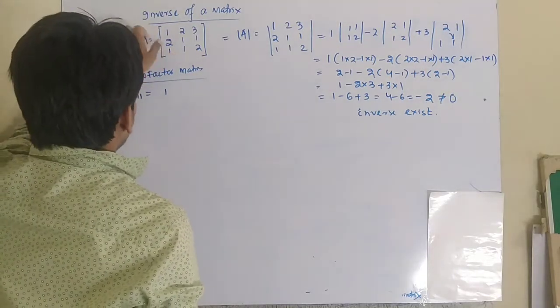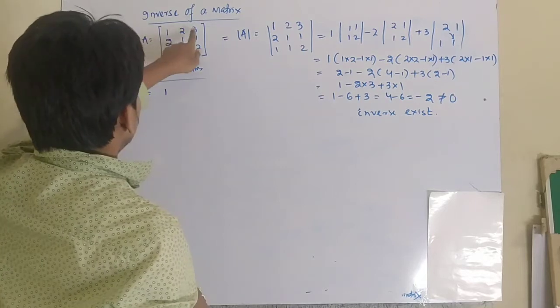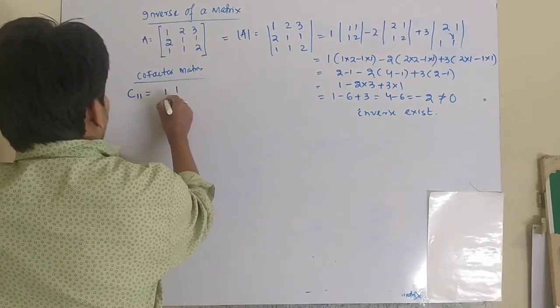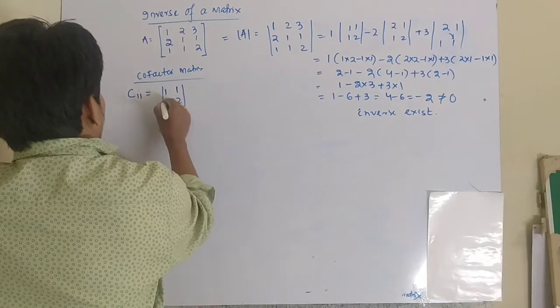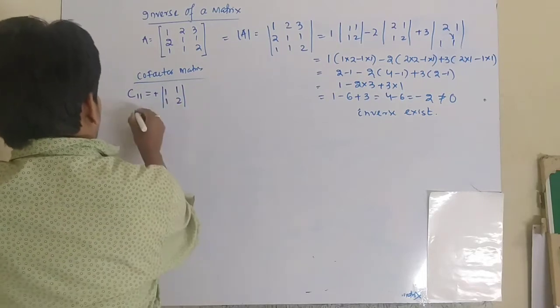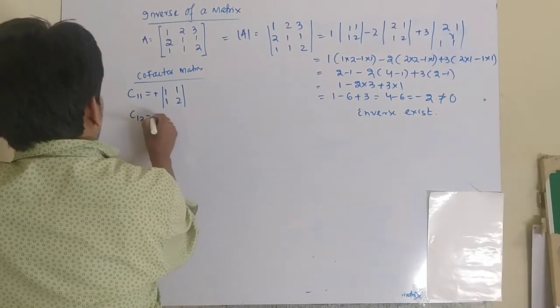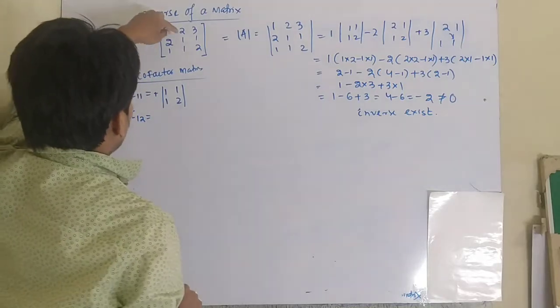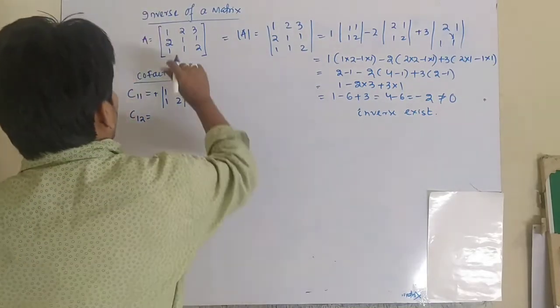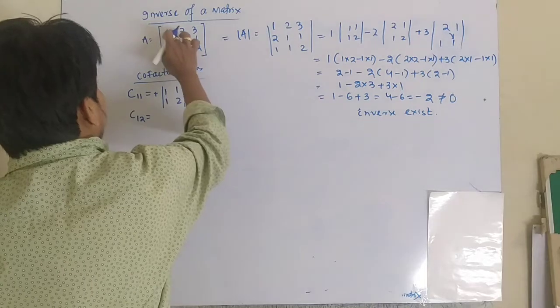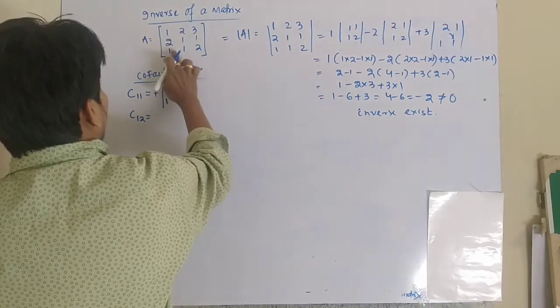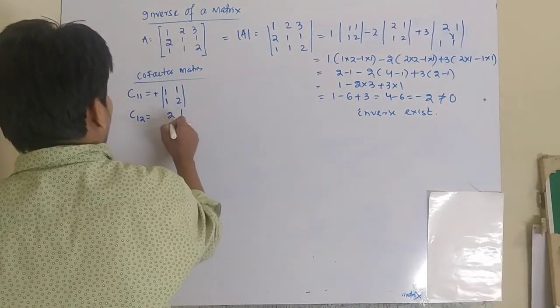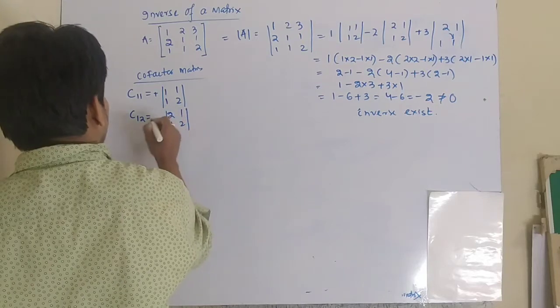You have to forget this column and this row. The remaining you write 1 2, and the sign is plus. And C12, for 2. You have to forget this column and this row. The remaining 2 1 1 2, and the sign is minus.